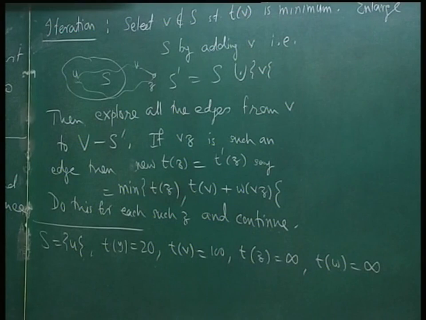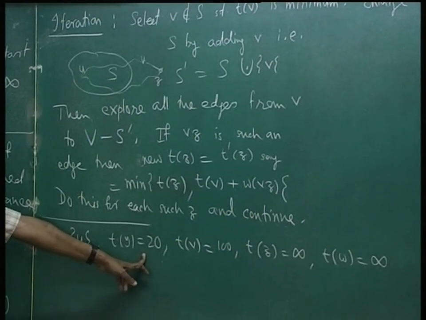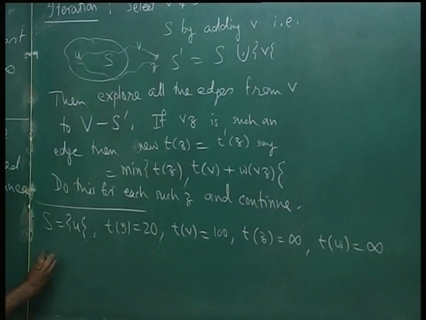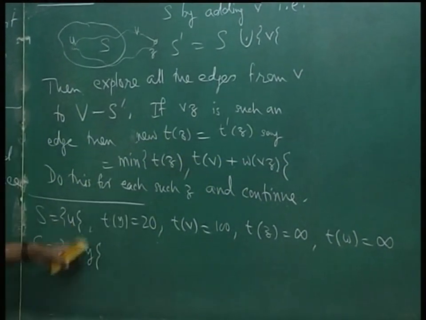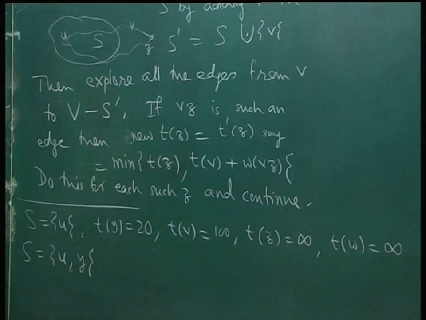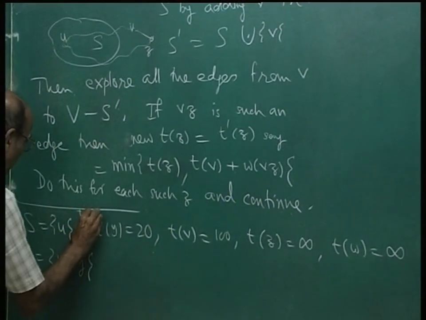Then, at the next step, you see that among these tentative distances, who is smaller? T of Y is smaller. Therefore, step 2. Of course, I didn't say T of U is 0, which is clear.